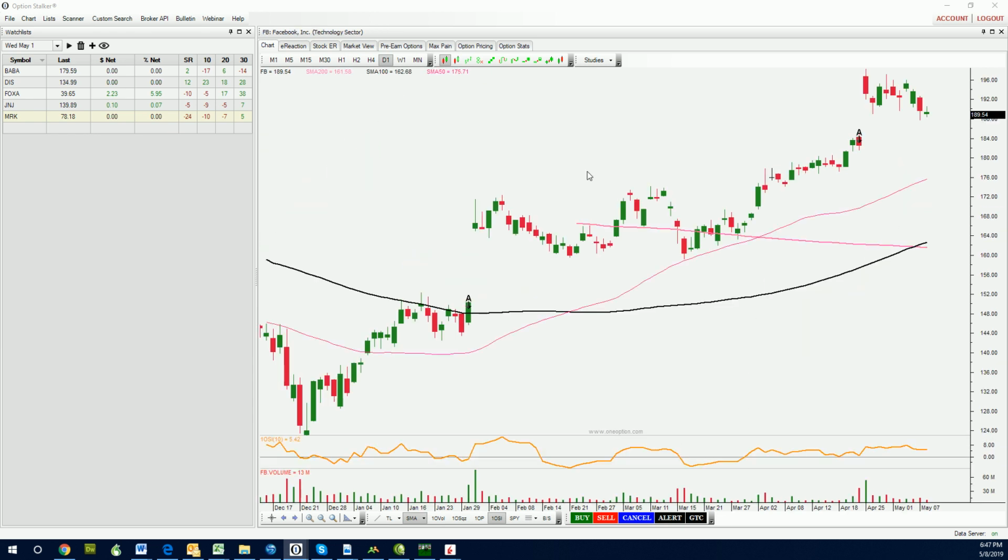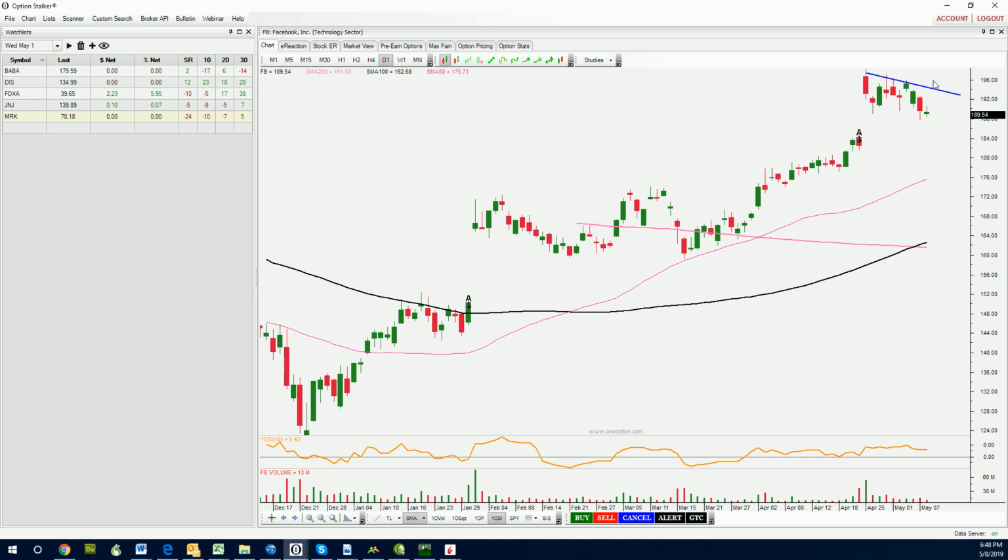And I'm not a huge fan of the stock either. I mean, I don't trade auto stocks very often. They tend not to move very much. Here we've got the big gap up in Facebook, and we're starting to pull back, and we've got this little channel forming here. So the way that we would buy this stock is we would draw a line across the tops, like so.